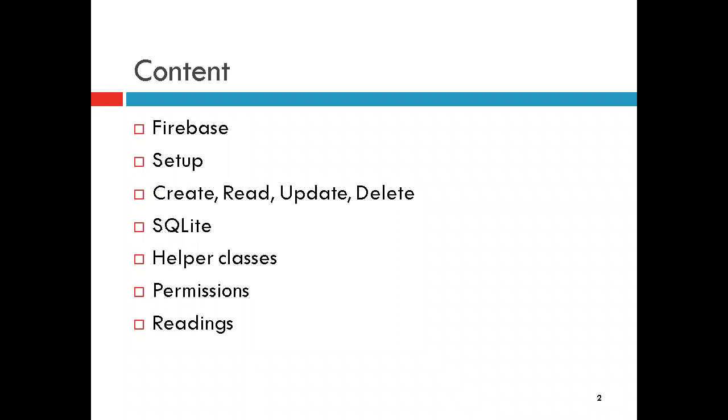The easiest I've found is probably Firebase. I think it kind of goes with this whole new idea of having low code environments. So there's not much to it. Actually setting it up is probably harder than inserting and retrieving data. SQLite requires a lot more coding to set up.